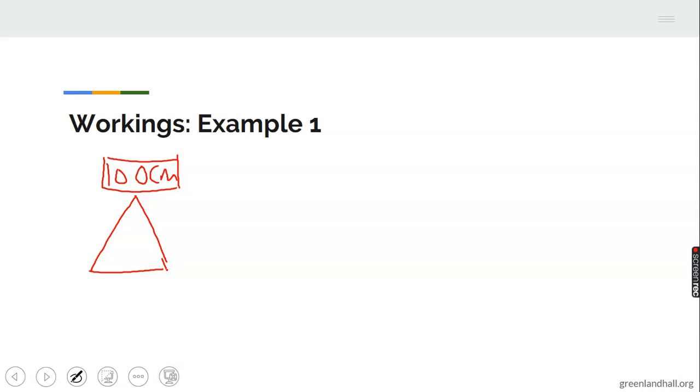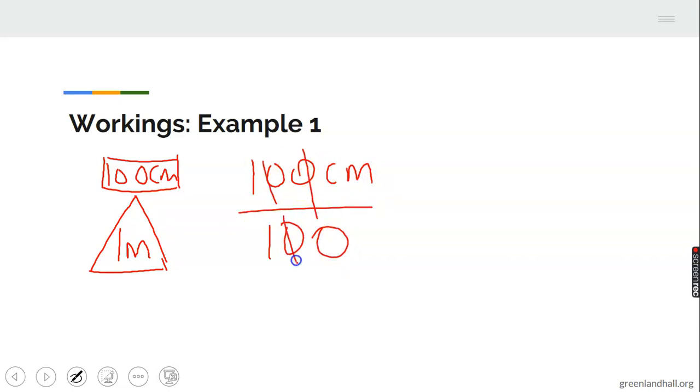Then I want it to be in meters. As I've said earlier, 100 centimeters is just 1 meter. Or better still, since you are taking it to meters, you just do 100 centimeters divided by 100. So this will take you to 1 meter.